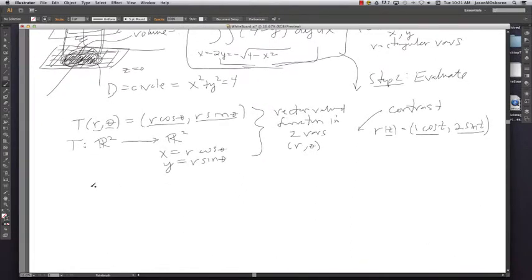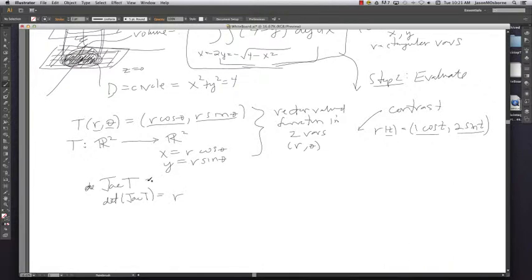And so in class we most definitely would have talked about this transformation, and about the Jacobian of that transformation, and the determinant of that Jacobian. When you take the determinant of the Jacobian of this transformation, you get the variable r.